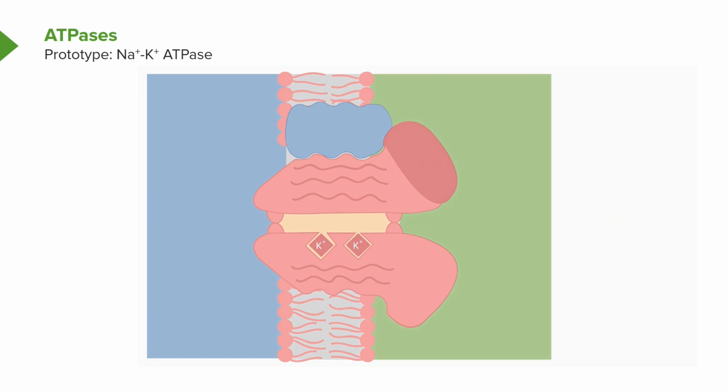Then inorganic phosphate leaves the pump, closing the outer door. And now ATP binds back to the pump, which opens up that inner gate, allowing potassium to go into the cell.